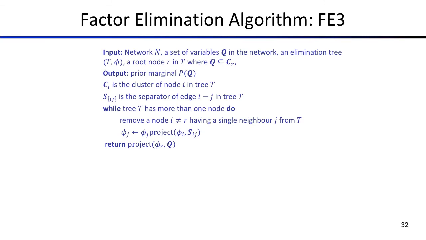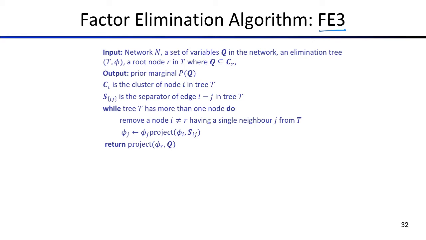So okay, we are now in the position to state the algorithm FE3. FE3 is the same algorithm as FE2, but now we can use the idea of clusters and separators.